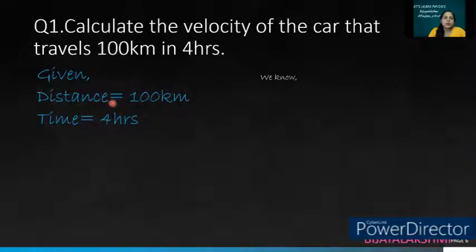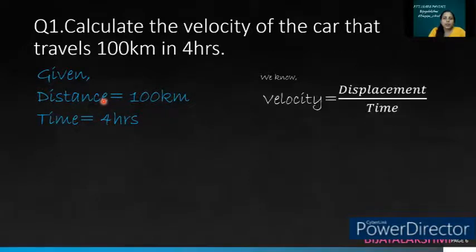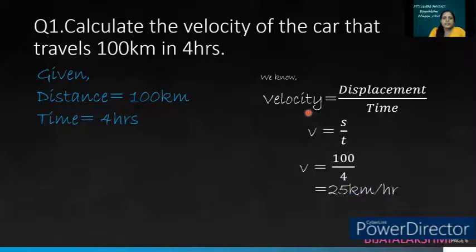Here we generally take distance as displacement for calculating velocity. Since we know velocity is displacement by time, we take v is equal to s by t, that is 100 by 4. So we can say the velocity of the car is 25 kilometers per hour.